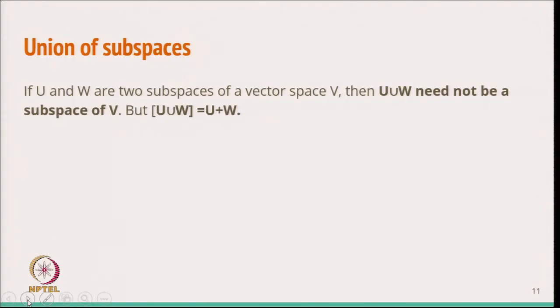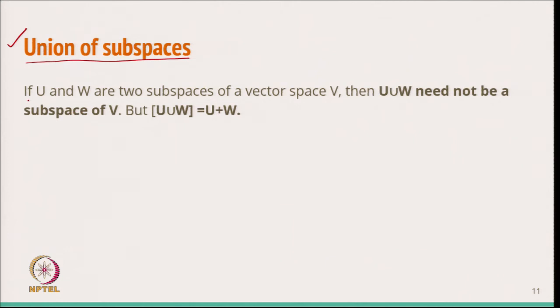Now, after doing this one, we discuss the next term, that is what is going to happen when we deal with the union of subspaces. Till now we have only discussed the summation of subspaces. What are we going to have in the union of subspaces?